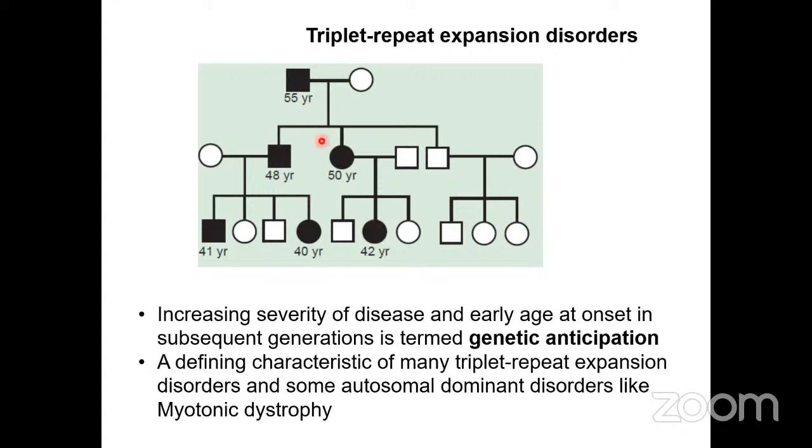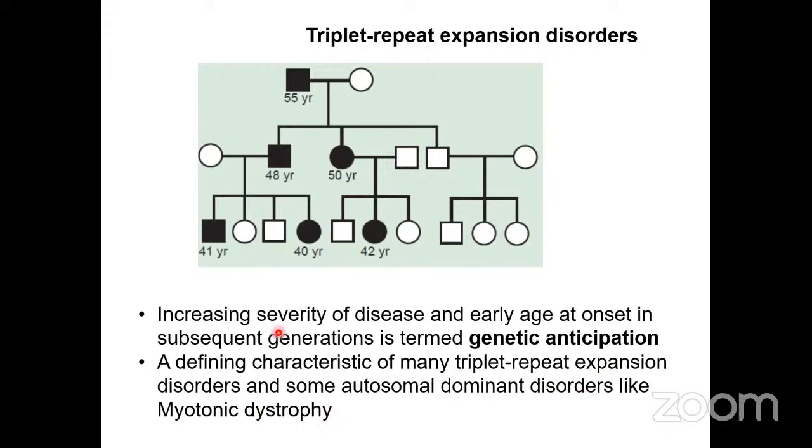Here you can see the first, a 55-year-old male who is manifesting. In fact, this pedigree is not Fragile X. This is an autosomal dominant type. In Fragile X, most of the time males will be affected, females will not be affected. Anticipation is a defining characteristic of many repeat expansion disorders, but also of some autosomal dominant disorders like myotonic dystrophy.